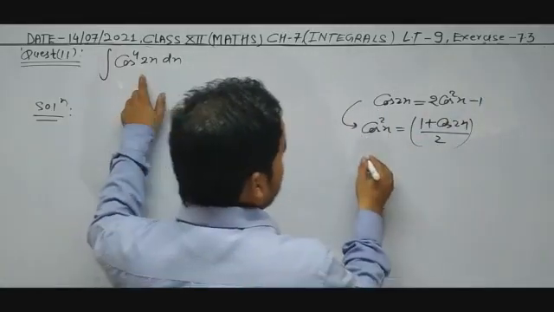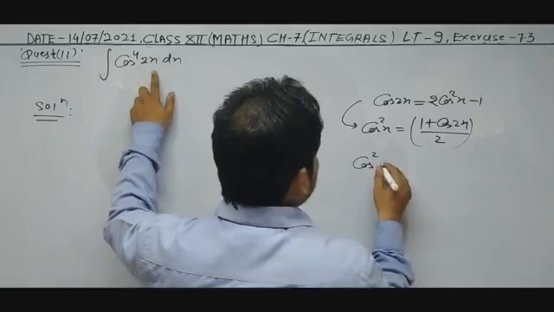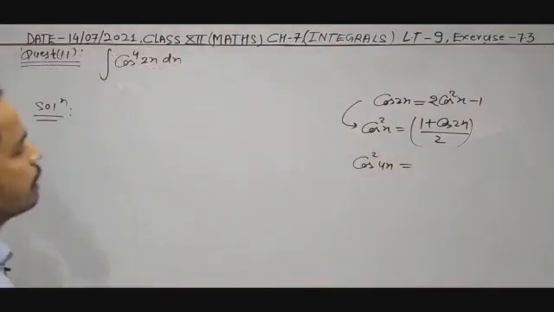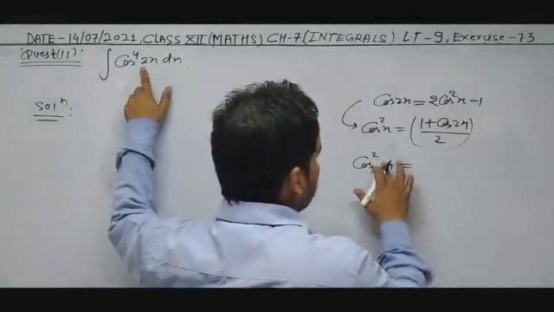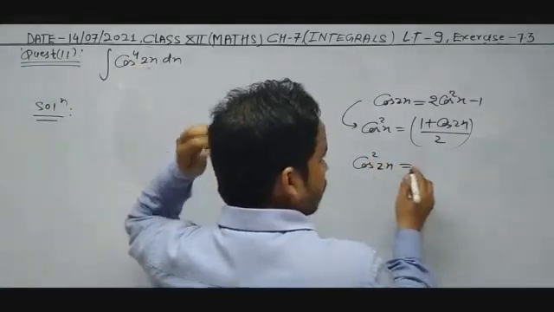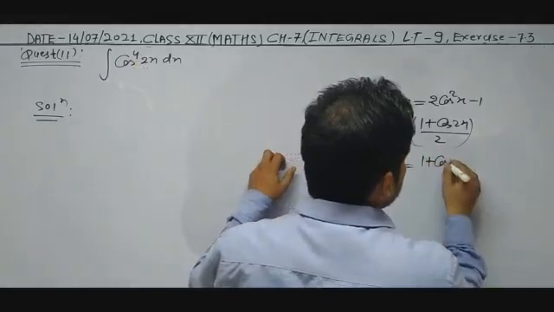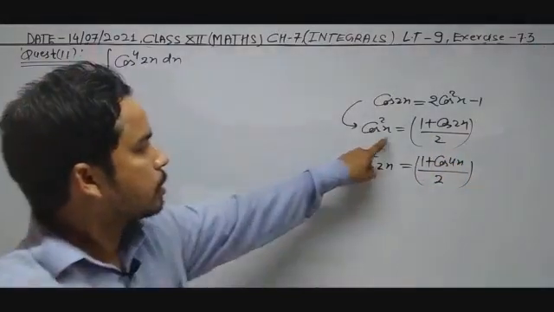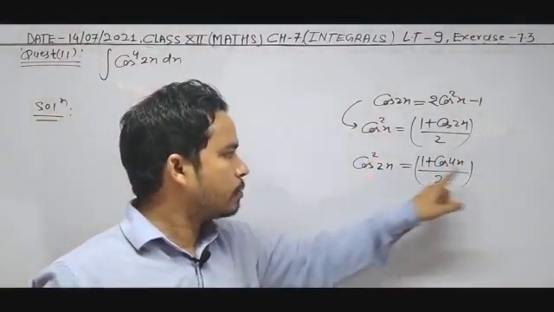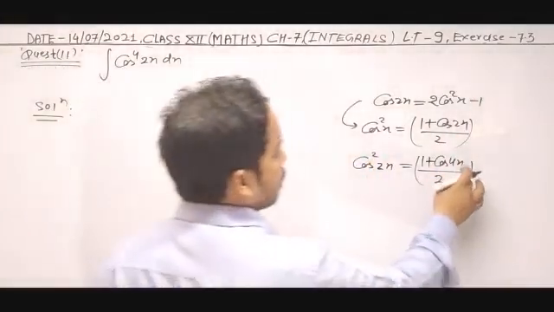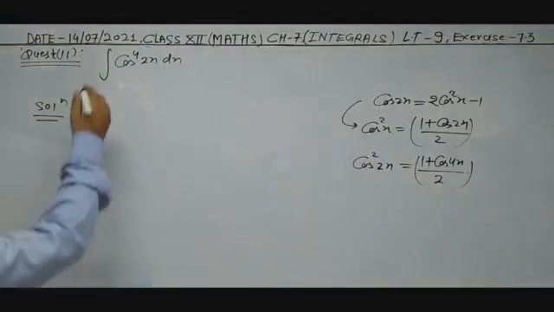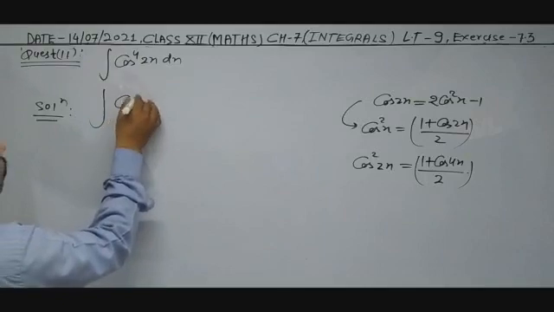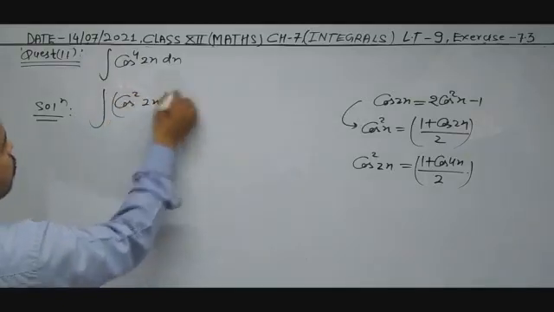Similarly, cos square 2x: at the place of 2 there is 4, so cos square 2x can be written as (1 plus cos 4x) by 2. Similar process: this is x, this will be 2x, so when it will be 4x. So this expression can be written as (cos square 2x) whole square dx.